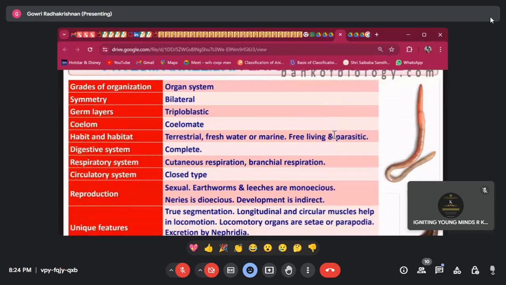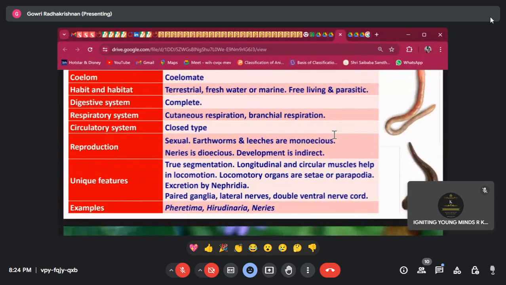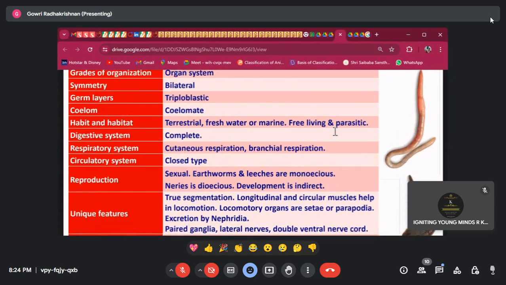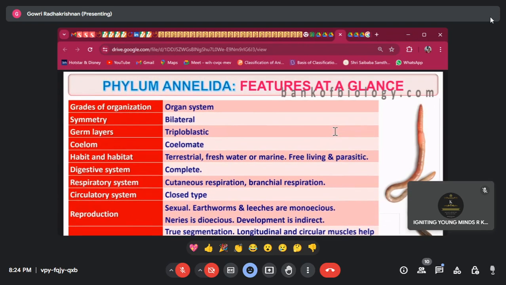Alright, at a glance, we have seen all this. Organ system, bilateral, triploblastic, coelomate, terrestrial, freshwater or marine, free-living or parasitic animals. Digestive system is complete. Respiratory, cutaneous respiration, branchial respiration. Circulatory system, closed type.